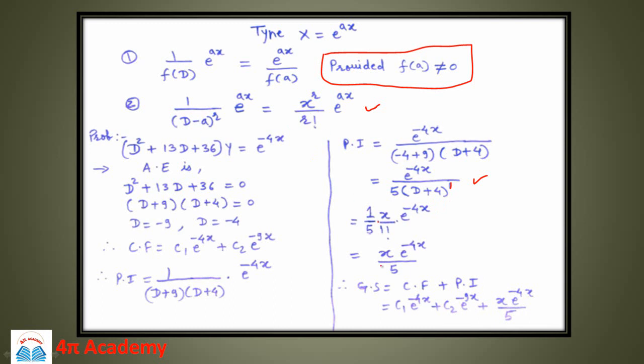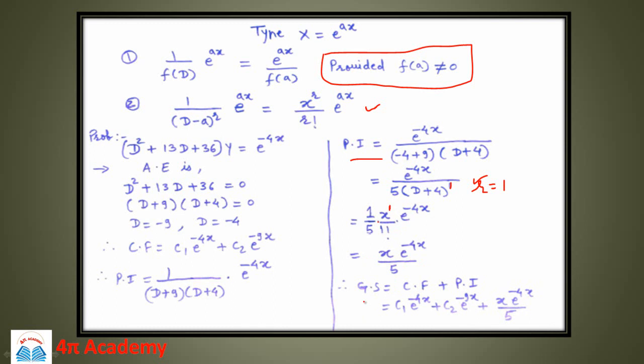It will be x raised to 1 upon, because here the value of r is 1, and therefore it is 1 by 5 into x raised to 1 divided by 1 factorial into e raised to power minus 4x. So that will be equal to x by 5, because 1 factorial is 1, into e raised to power minus 4x.